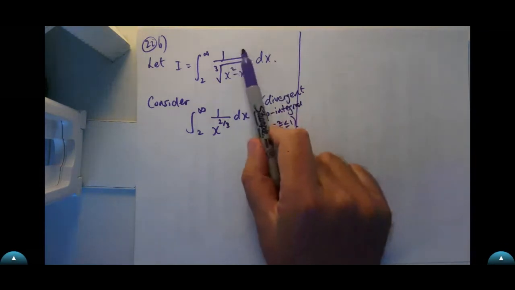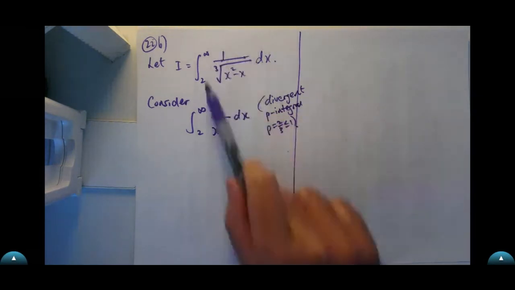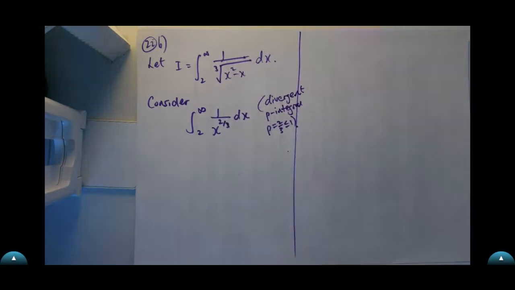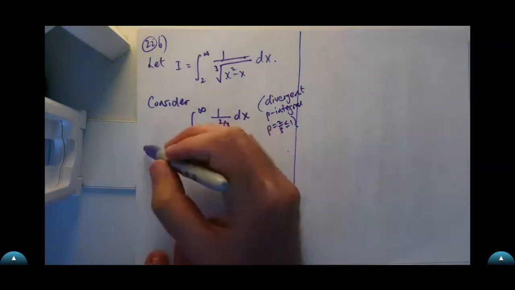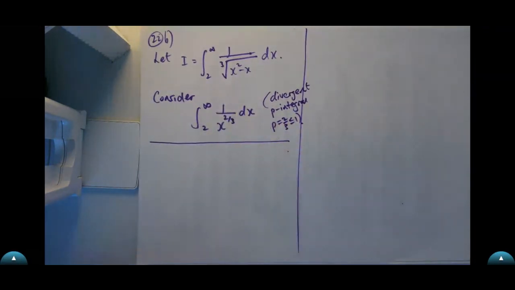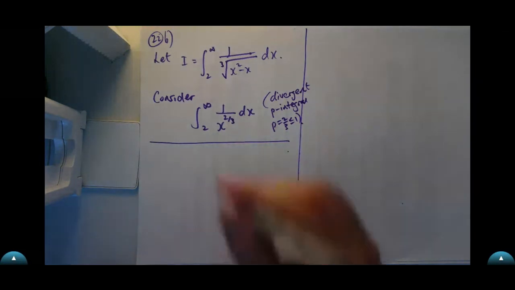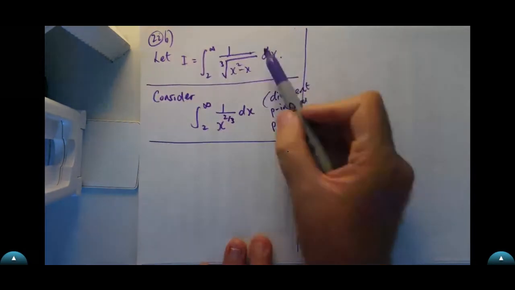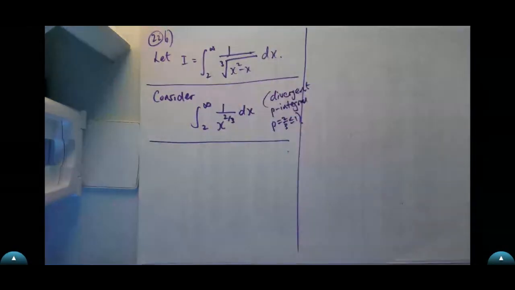So that kind of tells us that we think this is also going to diverge. But let's actually use the comparison test. This is just some initial thoughts, and let's see if we can actually prove it or show that it does.